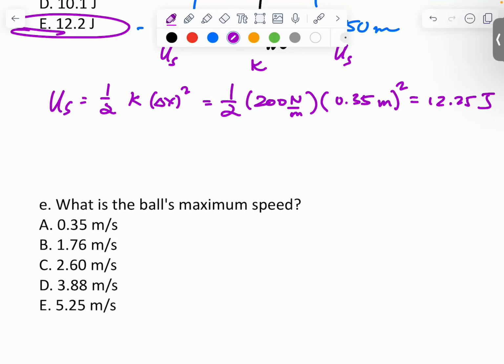1/2 mv squared is equal to what? Yeah, that's the energy that it had, right? At the end of it, when it's in the middle, all the elastic potential energy is converted to kinetic energy. And we are going to use the mass that we calculated earlier for this particular question.